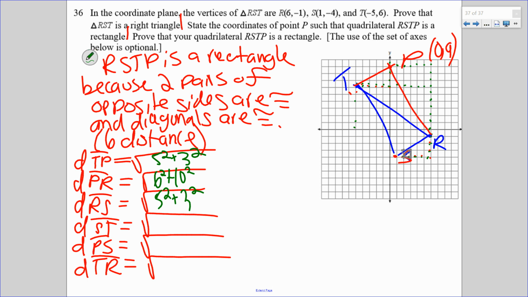ST, 1 through 6, 1 through 10. PS, we've got 1 through 13.